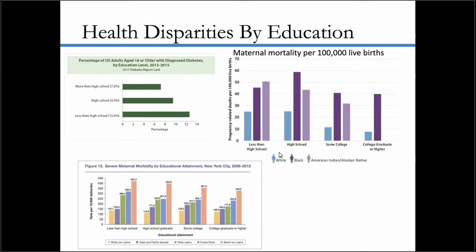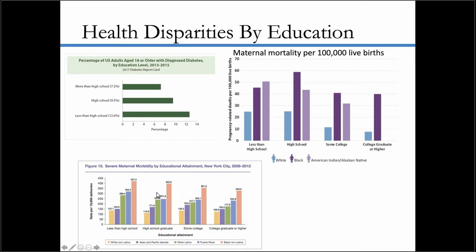These disparities illustrate that when you look at those who are college graduates, Black women still have over 4 times the maternal mortality rate compared to white women at the same college education level. You'll hear about this a little bit in the podcast that you'll listen to too. I also encourage you to look up Serena Williams' story about her pregnancy and what happened after she gave birth.